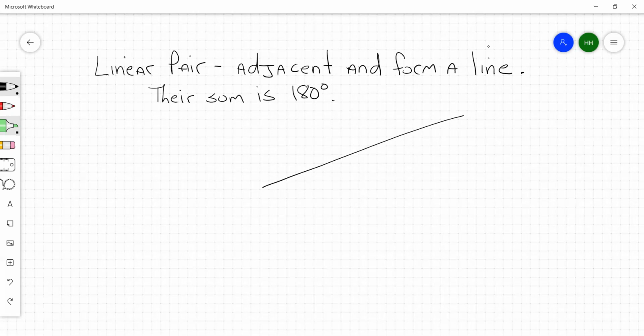So if you draw a straight line, put a point on it, and draw a ray out of that point.